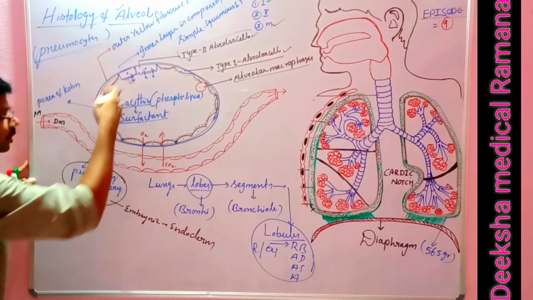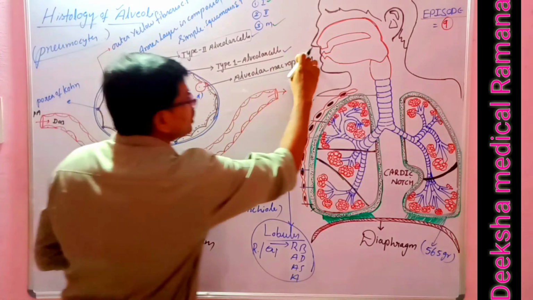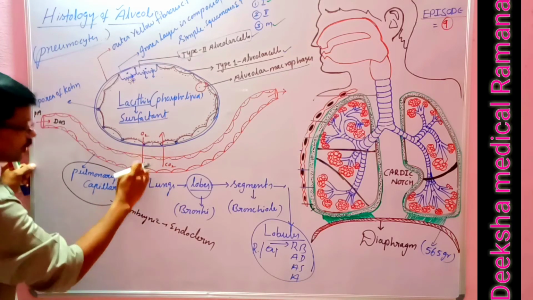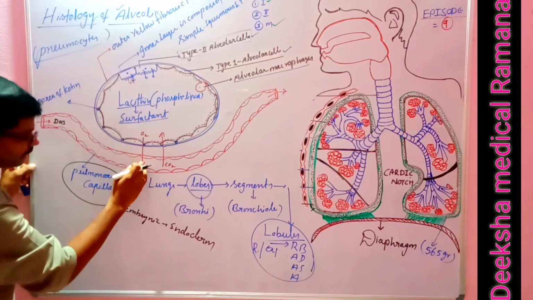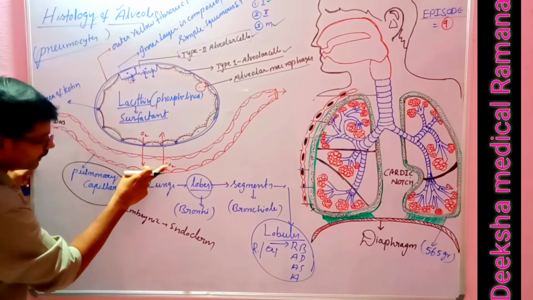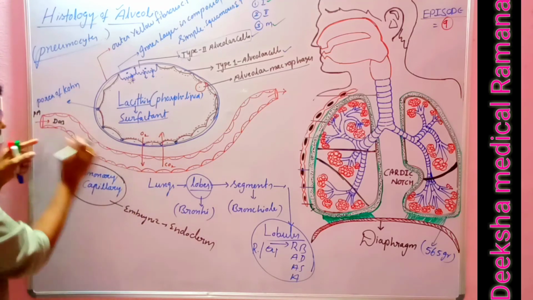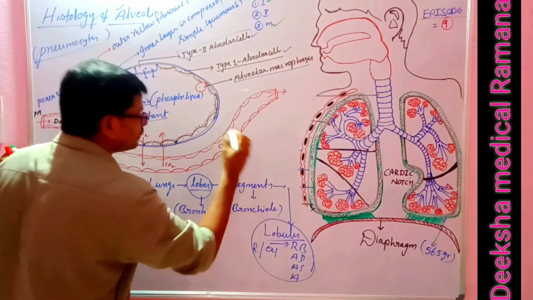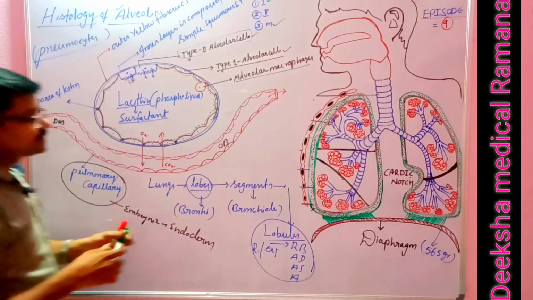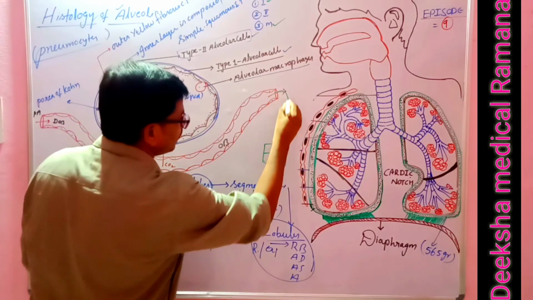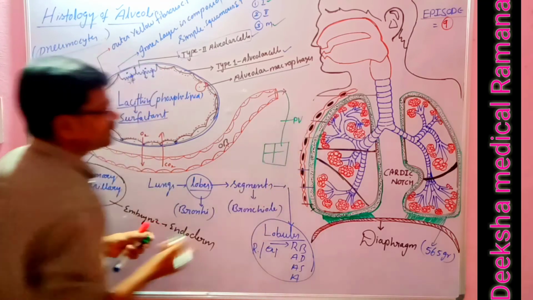Oxygen is inhaled and reaches the alveoli, where oxygen diffuses from the alveoli to the blood, and carbon dioxide diffuses from the blood to the alveoli. After exchange, the deoxygenated blood becomes oxygenated blood. This oxygenated blood reaches the heart through the pulmonary vein, right?